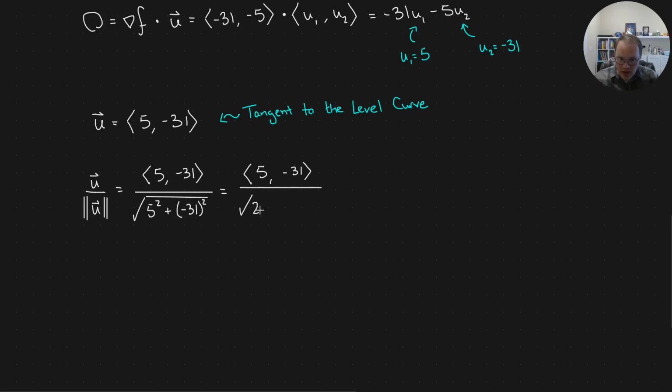Five squared is 25. 31 squared, that's almost like 30 squared, which is 900, but then you'd have to add another 61, so 961. Okay. And then 25 plus 961 is 986.